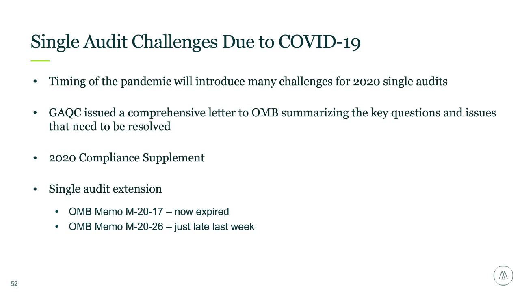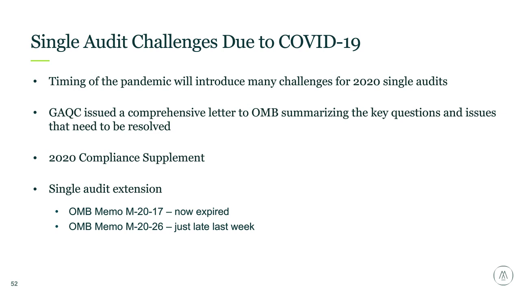OMB was getting close to sending in the compliance supplement for review when the pandemic hit, and there were several federal agencies that requested additional time to complete that compliance supplement, and so we're not sure when that will come out.